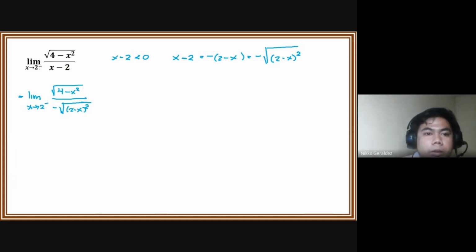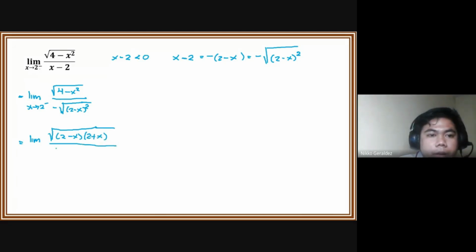So next, factor the numerator and denominator. Now limit of square root of 4 minus x squared, so 2 minus x, then times 2 plus x over negative square root of 2 minus x times 2 minus x as x approaches 2 from the left.